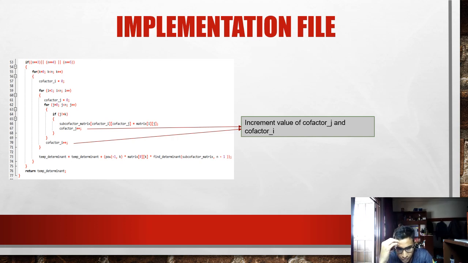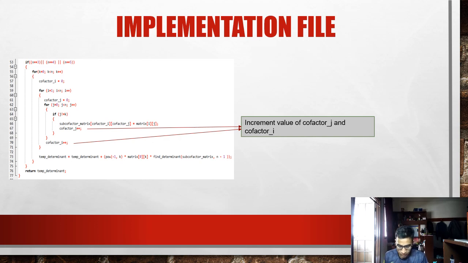So this is the function. I hope you understand. I repeat, cofactor I and cofactor J traverse all the elements in the matrix one by one, so that they will not meet the elements on the two lines.